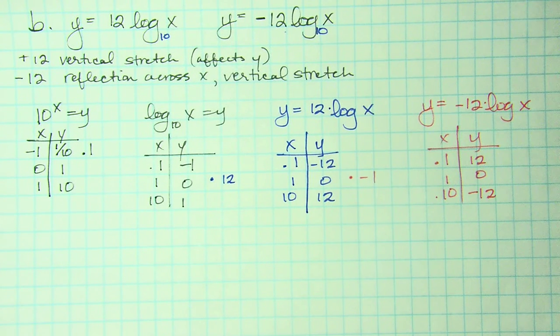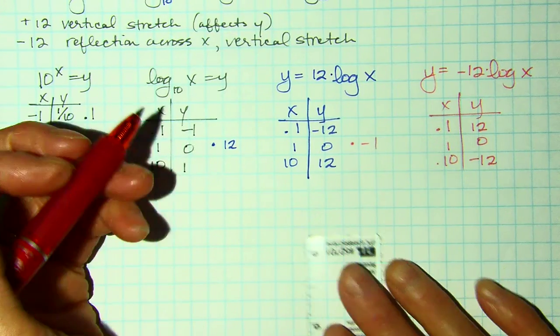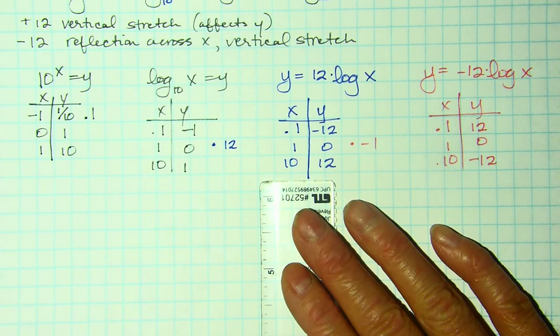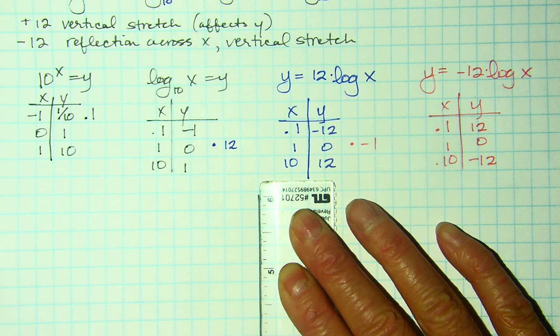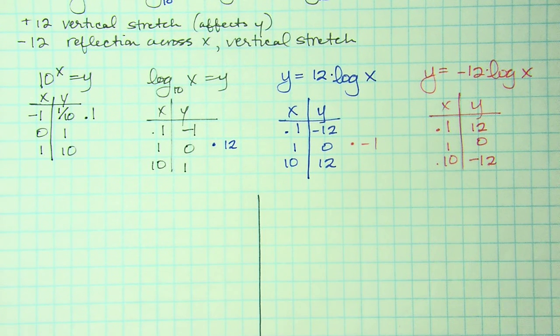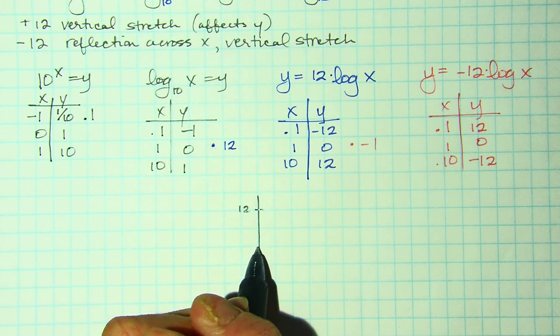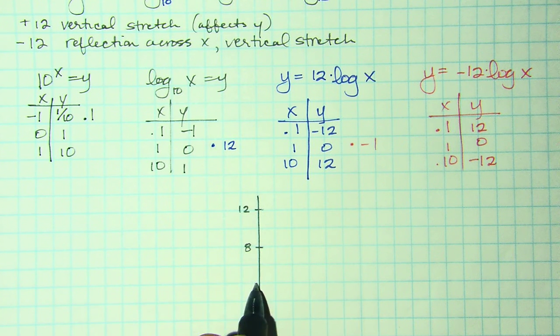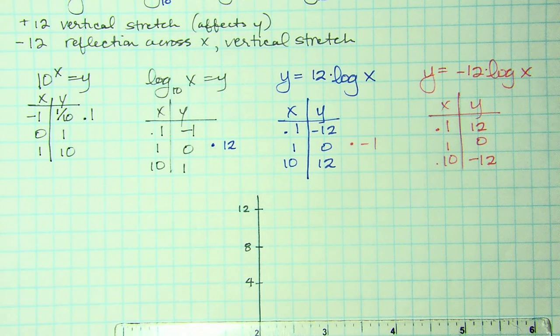So I'm going to grab my ruler. Now this graph is going to be quite large because I'm up to 12. You're more than welcome to change your table, but I do still need to go from 12 to negative 12. So 12, say this is 8, 4, then this would be x.